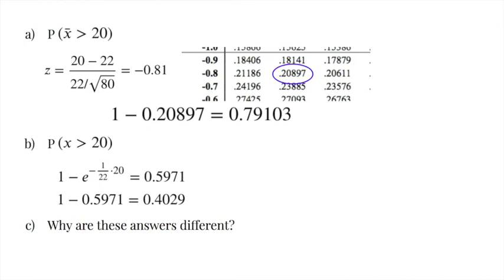I would ask you to ponder that question and see if you can come up with a reasonable answer on your own, and then perhaps this could be something that we discuss in our next office hours or on Perusall. However you guys would like to interact is totally fine with me. It bears some consideration. I think it's worth thinking about. Why are these answers different? And what should we expect in terms of which one should have a higher probability, which one should have a lower probability.